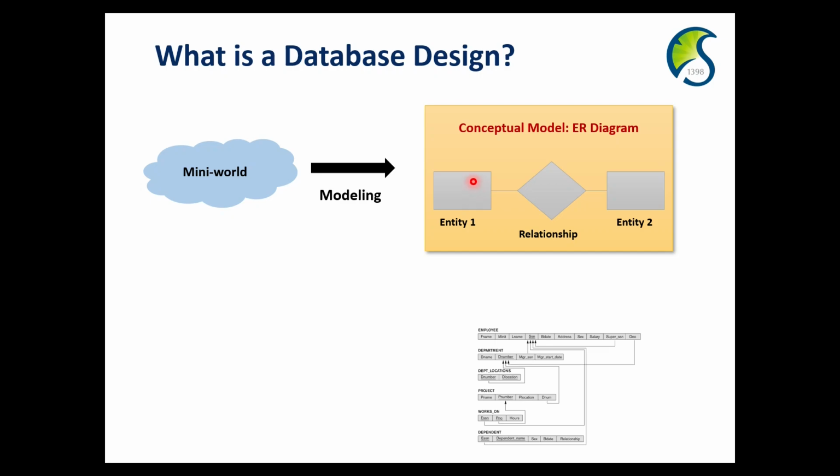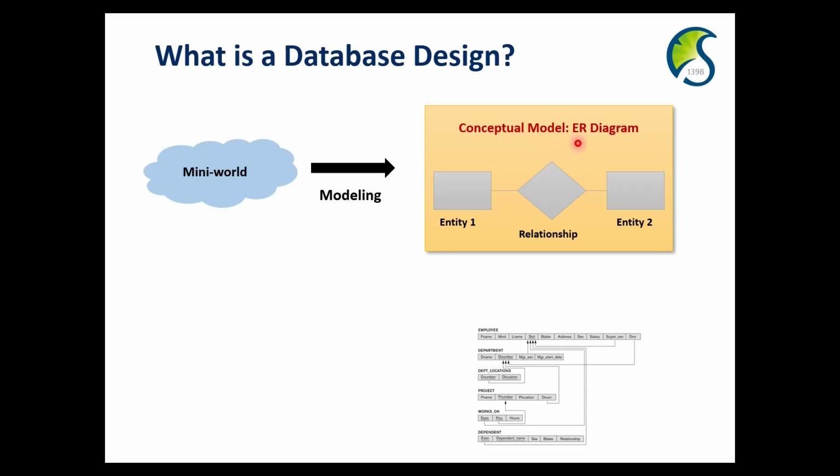For instance, the entities are student and courses, and the relationship is that students take courses. For entities and relationships, we can design the ER diagram as a conceptual DB model.